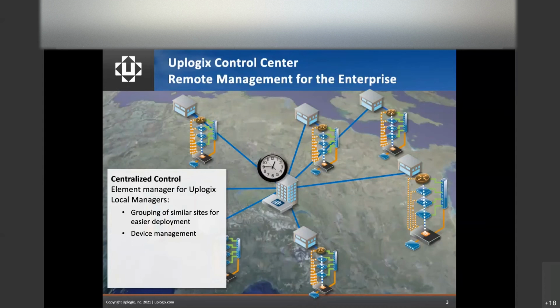So if you need to, for example, upgrade all of your switches, the Uplogix knows where the switches are and how to assist with that. So the central server gives us a single place where we can filter and select those devices for management if we need to.